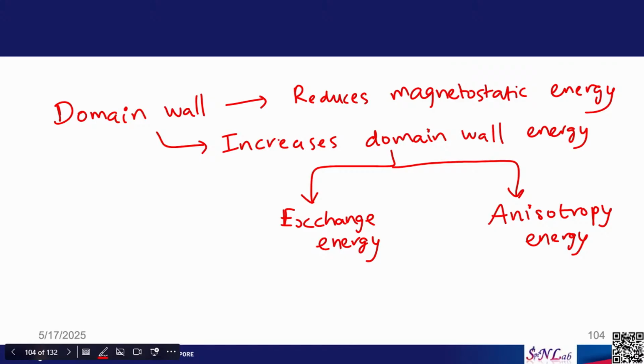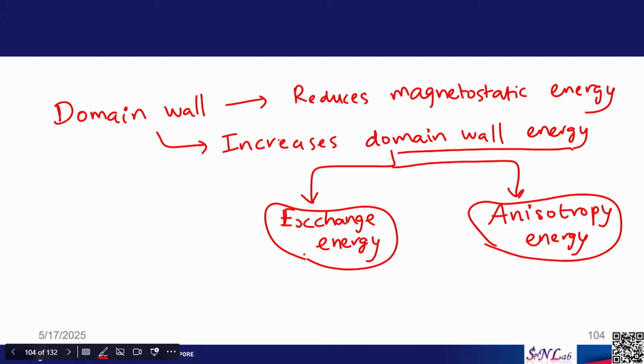When you form a domain wall, there is an energy associated with its formation, so there is an increase in the energy of the system. The more domain walls, the more energy. As you add more and more domain walls, the system's energy also increases. So the domain wall energy comes from two factors: exchange energy and anisotropy energy.